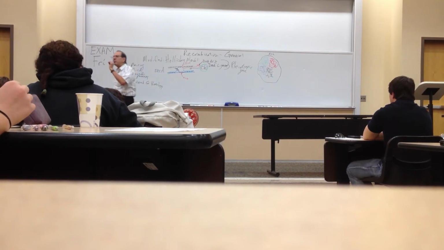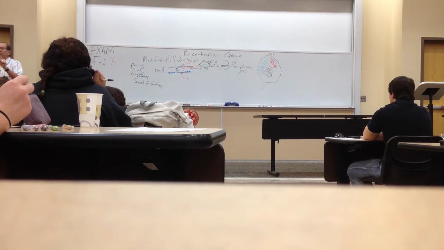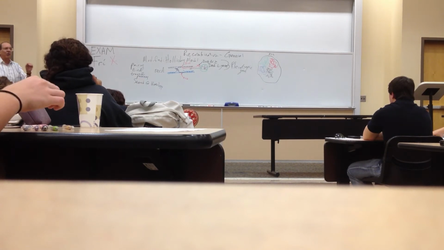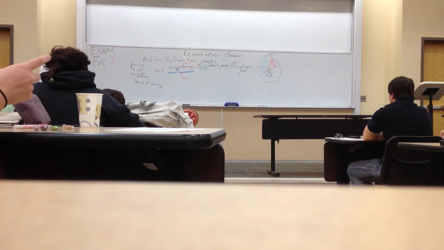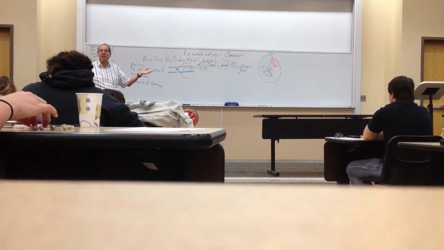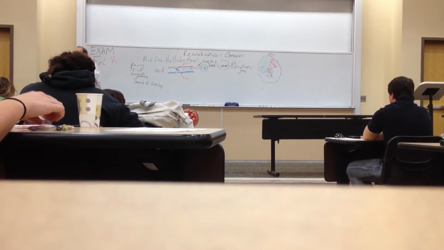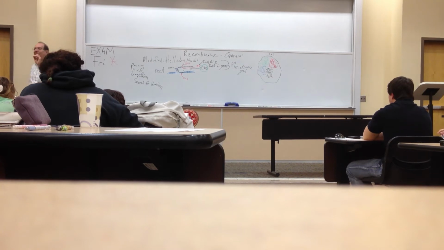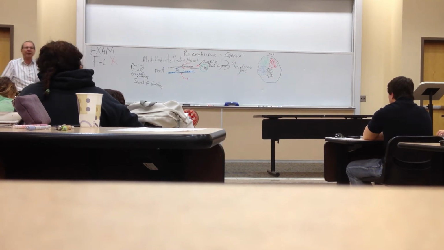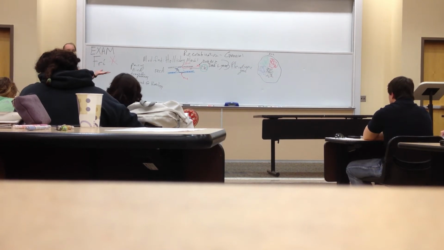So if you mutate DNA ligase, you are going to affect replication, you are going to affect recombination, you're also going to affect DNA repair. So a mutation in a gene that has multiple phenotypic effects, that was the original definition of pleiotropic.